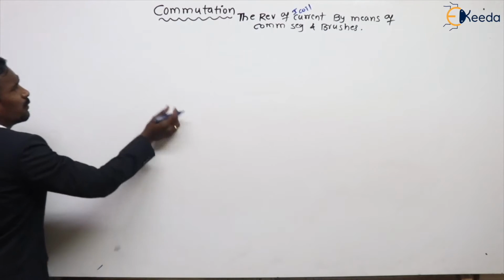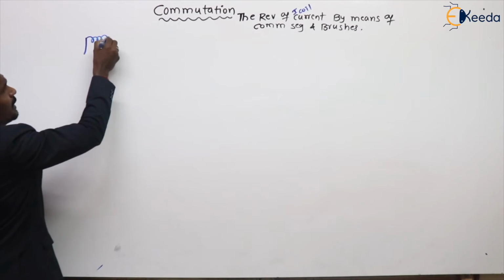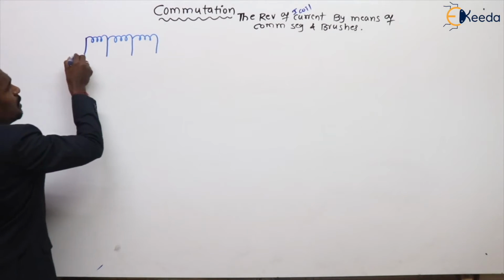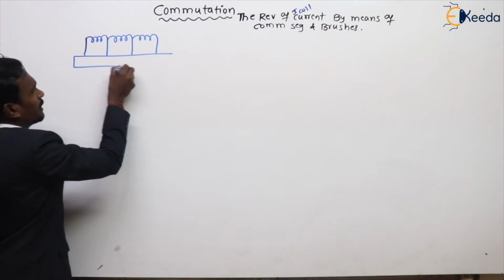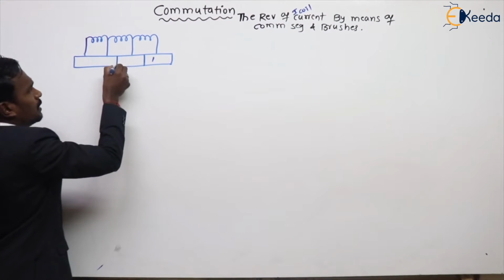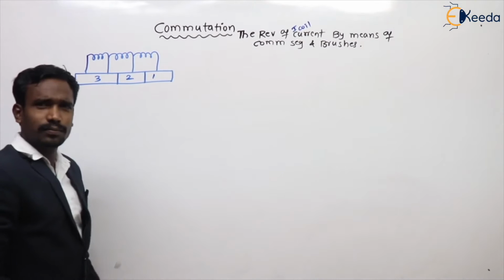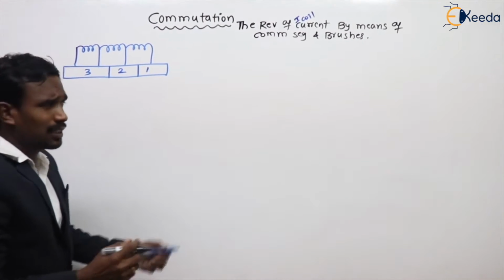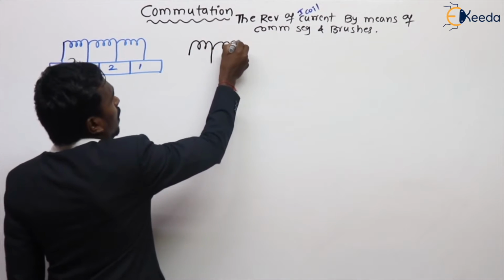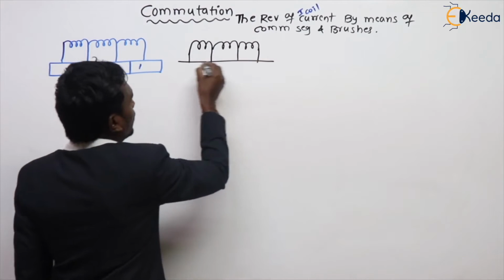Just listen carefully. For example, I am taking armature coils like this, which are connected to commutator segments. This is the first commutator segment, this is the second, and this is the third. Again, these are the armature coils connected to commutator segments.